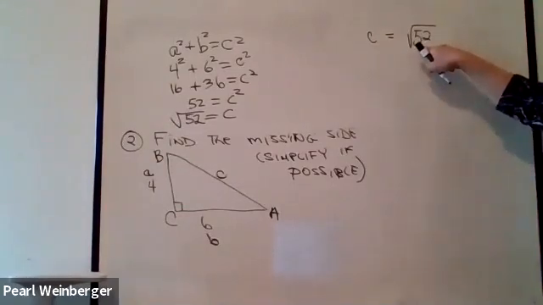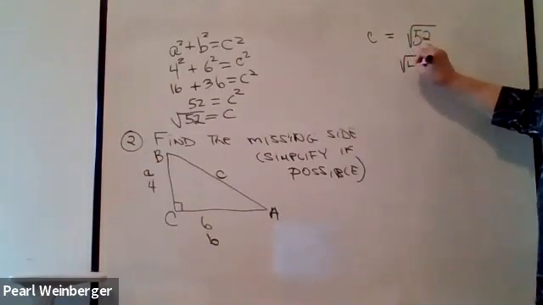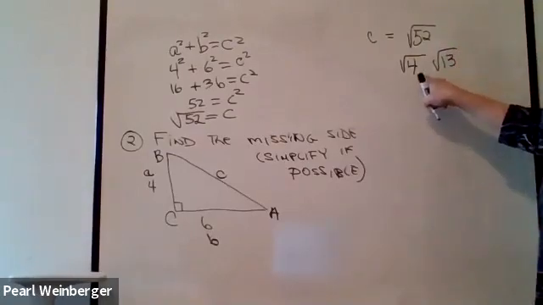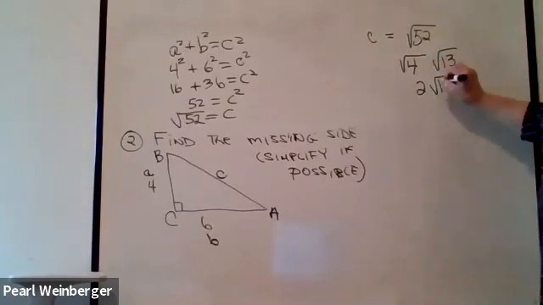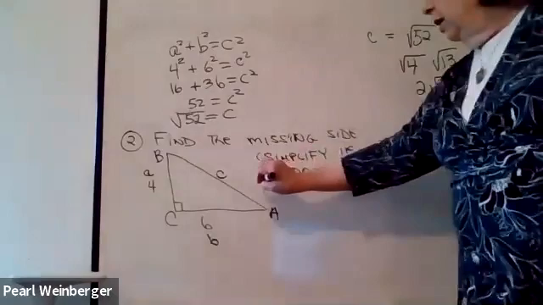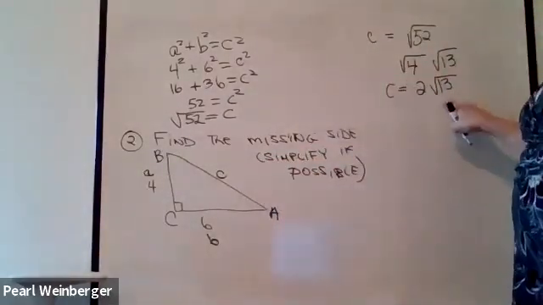And if you notice, 52 is divisible by 4. We could break this up into 4 and 13, and the square root of 4 is 2. So my answer in simplest radical form would be 2 radical 13.